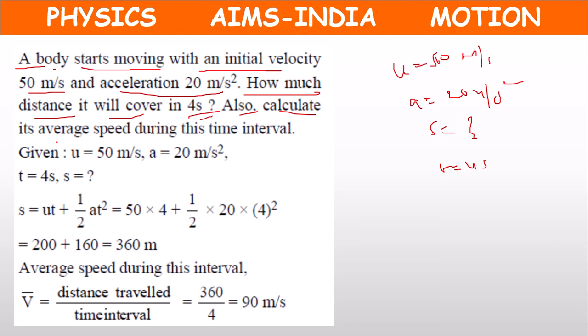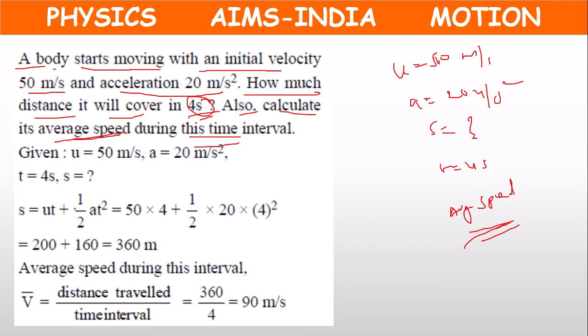Also calculate the average speed. The average speed also we have to calculate during this time interval. During these 4 seconds, what is the average speed? That also we have to calculate.